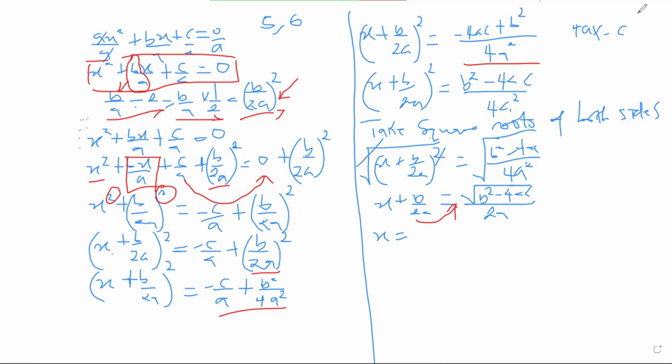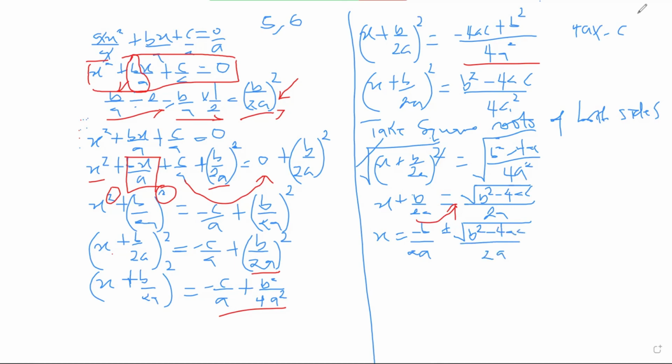Once it's moved to the other side, it's going to change to subtraction. So we're going to have minus b over 2a, then plus or minus, because of our square roots there, plus or minus square root of b squared minus 4ac over 2a.